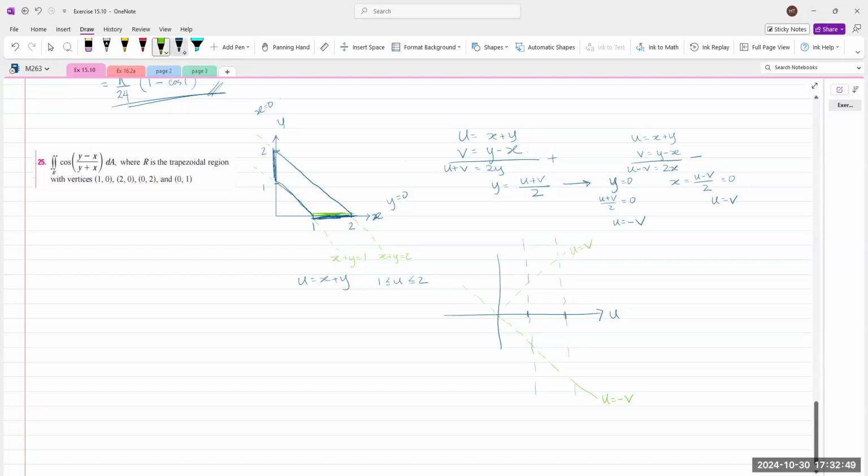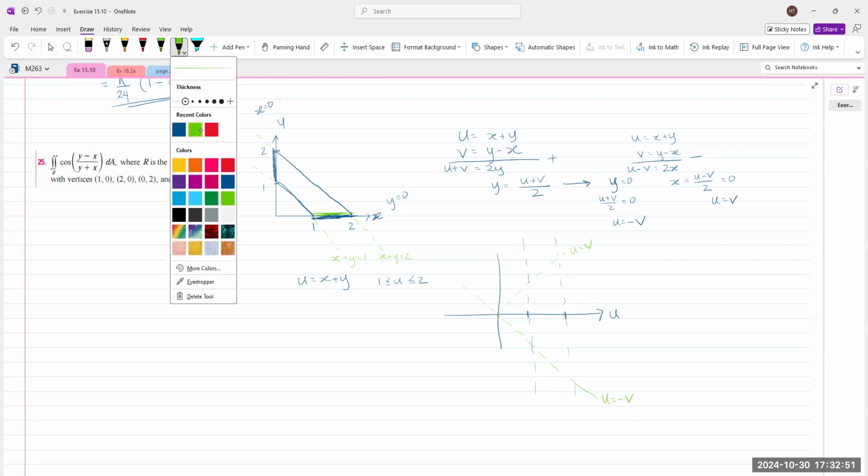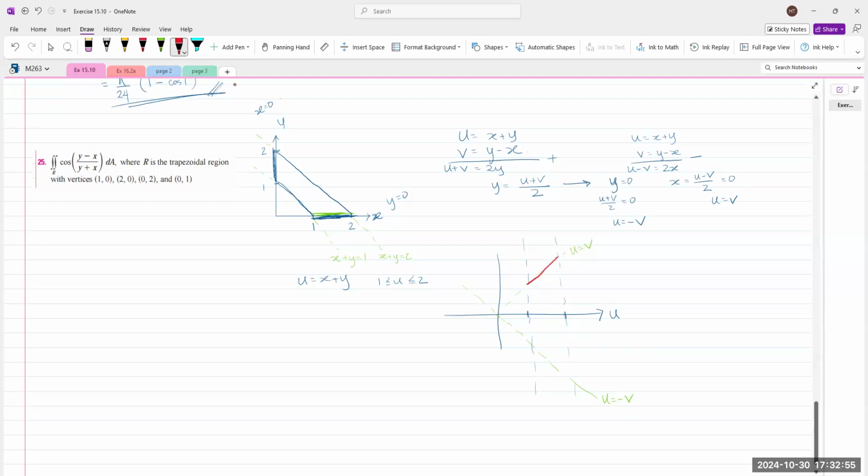So the region that we are talking about, the image in the nice place, looks like this. Okay, if this is our R, this is our S here. How about the Jacobian?